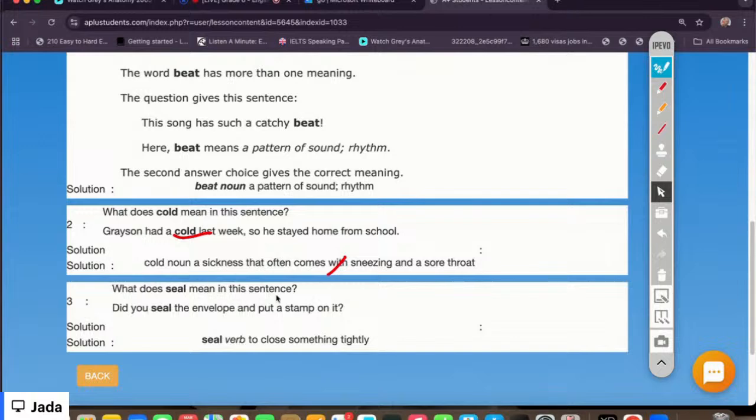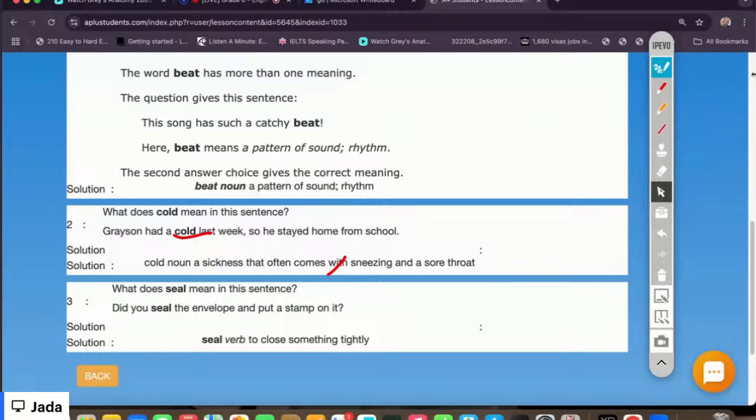What does seal mean in the sentence? "Did you seal the envelope and put a stamp on it?" Seal, verb, to close something tightly. Seal also has more than one meaning. So that's what we mean by multiple meaning words. Every word could have more than one.